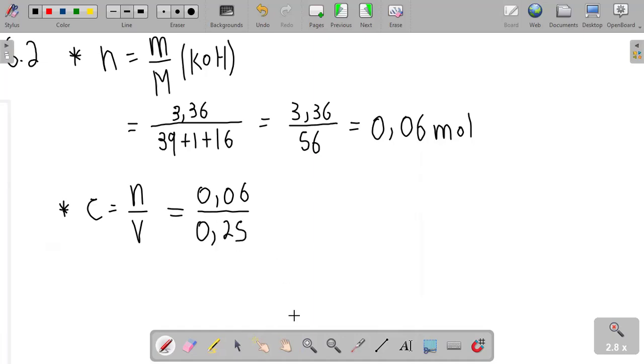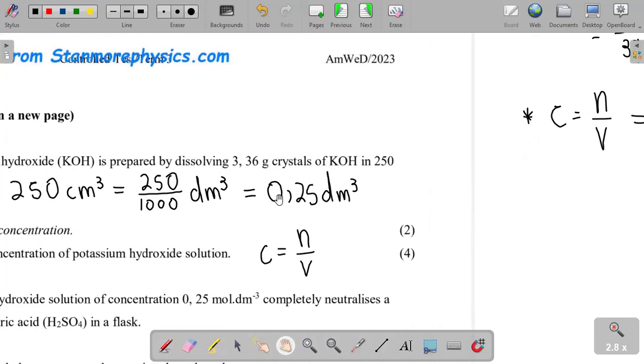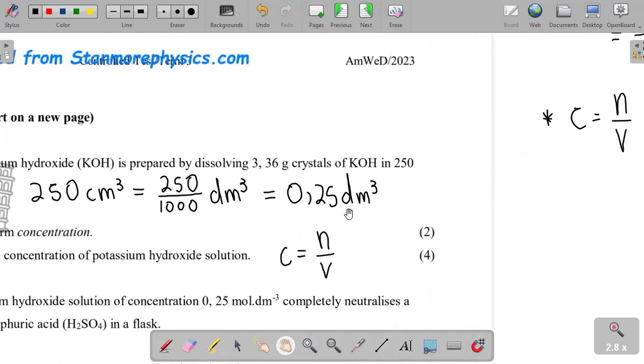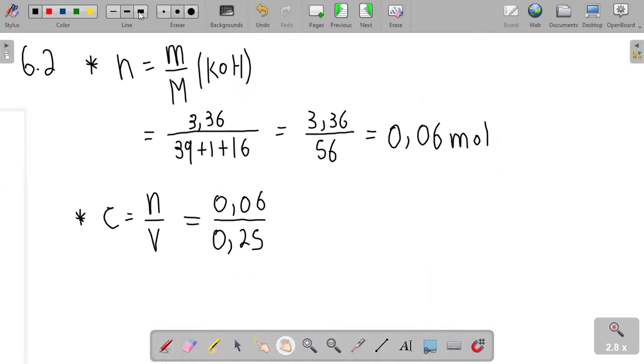The 0.25 comes from where? It comes from the volume that we converted. We don't use cubic centimeters, we use cubic decimeters. So again, you use your calculator here, and how much do we have? So it's 3 point.